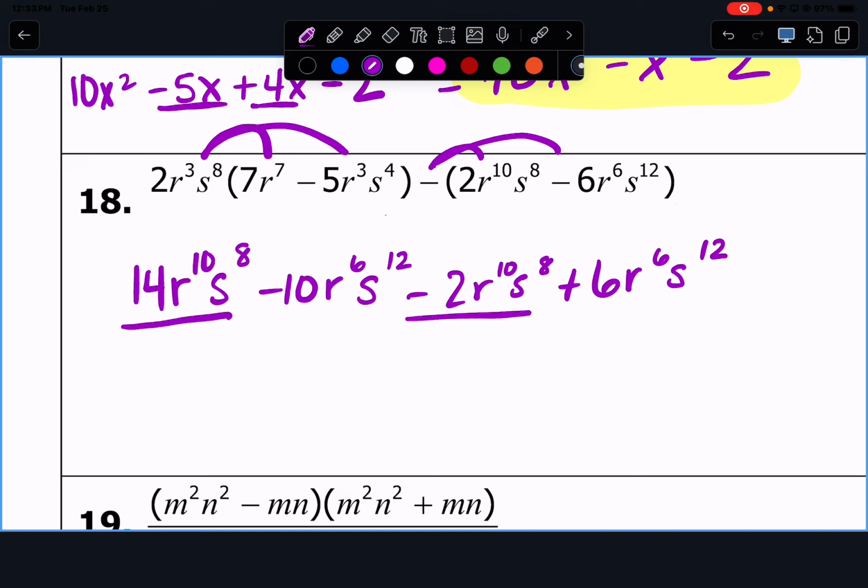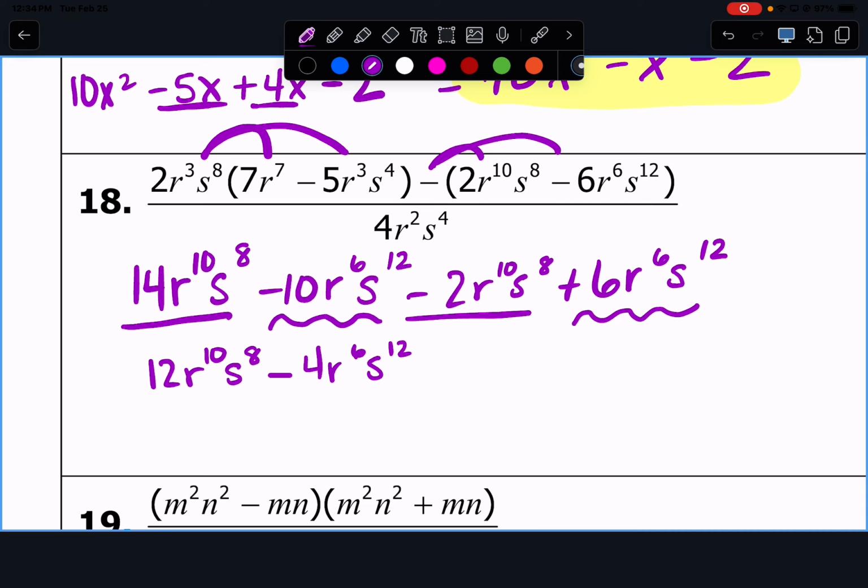What is 14 minus 2? 12. So we get 12 R to the 10, S to the 8, and then we can look at the other two. What is negative 10 plus 6? Negative 4 R to the 6, S to the 12. And then what am I dividing by? 4R2S4.